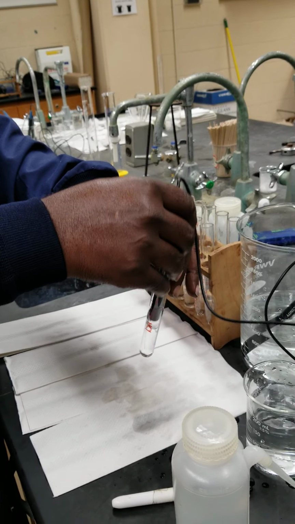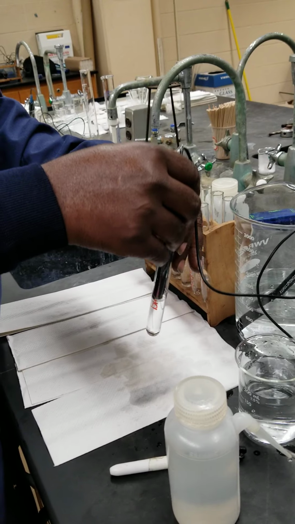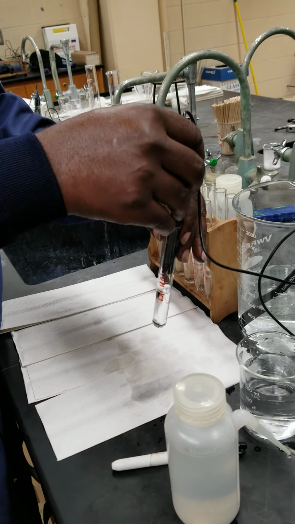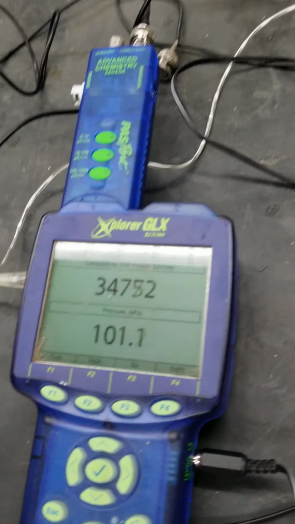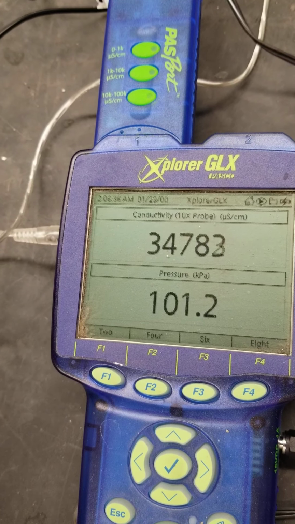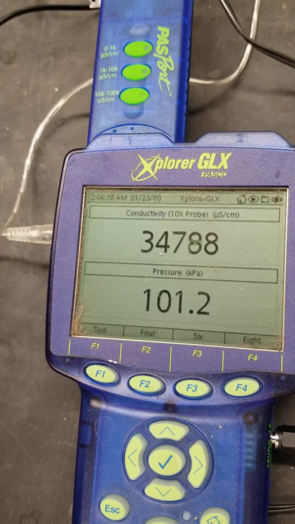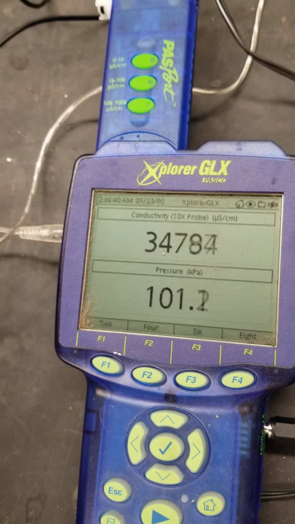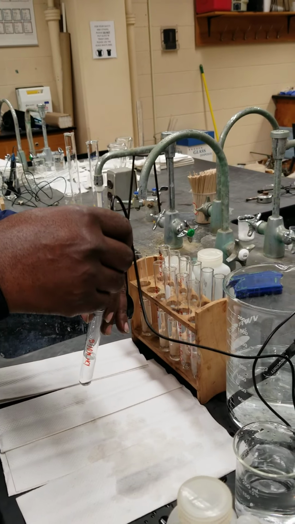Let's get into now twice the concentration, 0.10 molar. What a big number. 34,788. Let's read it that way. So that's the conductivity for 0.1 molar HCl.